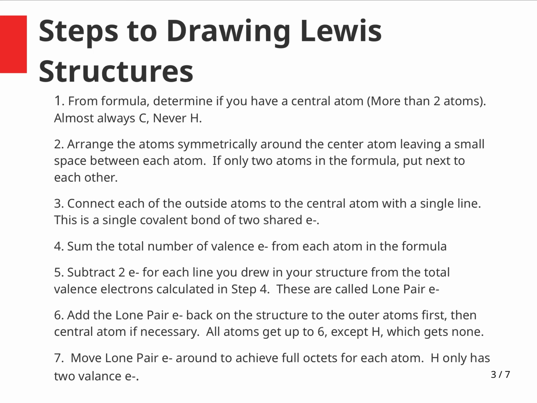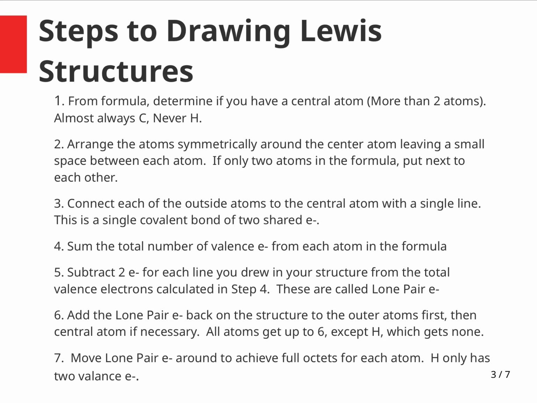All right. If you only have 2 atoms, obviously you put them next to each other. Connect each of the outside atoms to the central atom with a single line. This is a single covalent bond of 2 shared electrons, right? Now, one thing you don't do, you do not connect any of the outside atoms to other outside atoms. They all get connected to the central atom only.